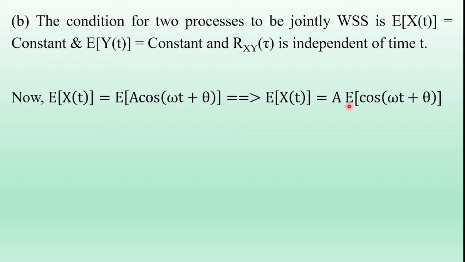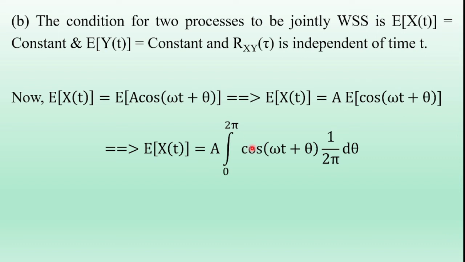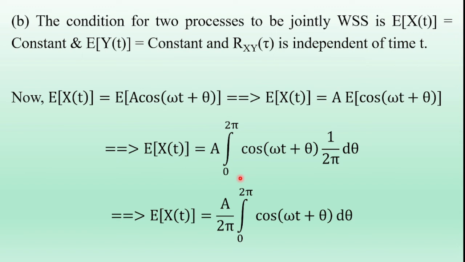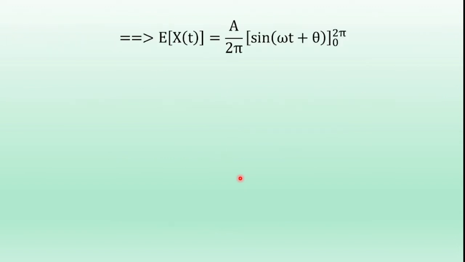Using the expectation expression, the expectation of cos of omega t plus theta is the integral from 0 to 2 pi of cos of omega t plus theta into the density function of theta, 1 by 2 pi, d theta. 1 by 2 pi is constant, so it is written before the integration. The integral of cos of omega t plus theta is sine of omega t plus theta over 0 to 2 pi.